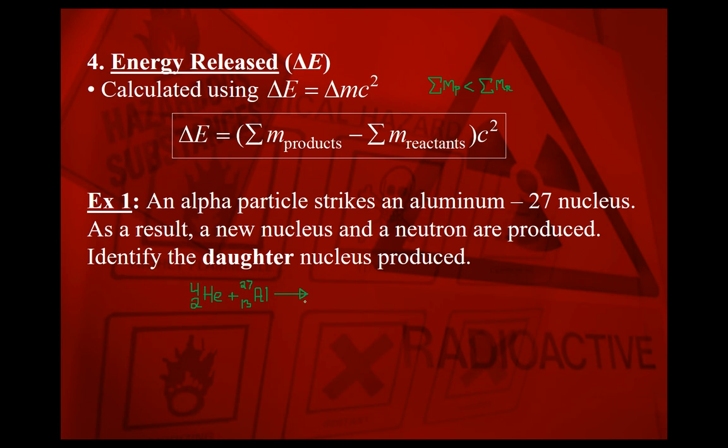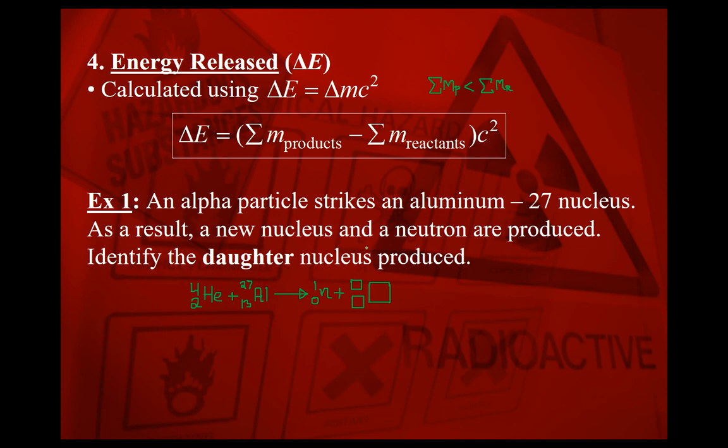It tells me that as a result, you get a neutron. So a neutron is 1, 0, n. And you also produce some kind of daughter nucleus. That daughter nucleus is going to have a nucleon number we need to calculate, a charge number we need to calculate, and we're going to try to figure out what the element is.